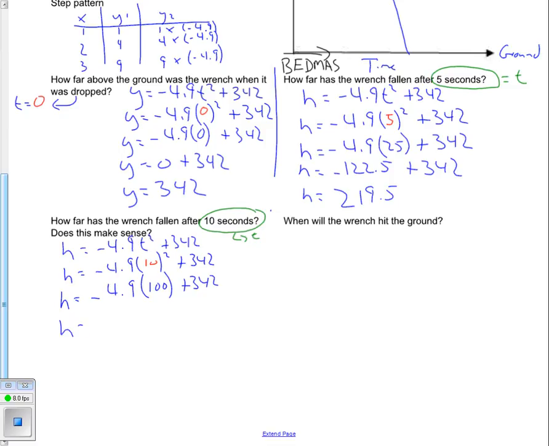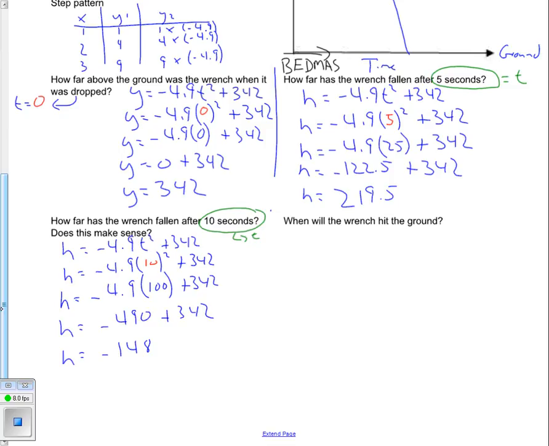That's negative 490 plus 342, which is equal to negative 148.